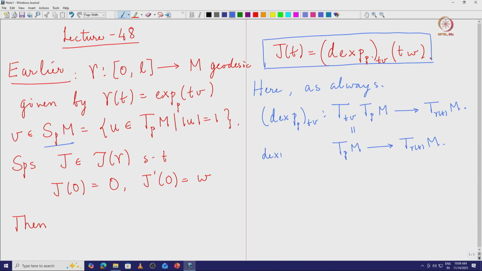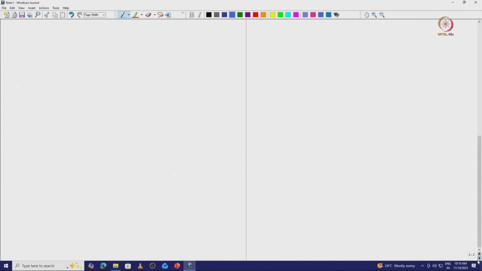So the derivative of the exponential map at the vector tv is thought to be a map from TPM to T gamma of t M, okay. So then this formula makes sense because tw is a vector that lies here, okay. So as I said, the main point of today's lecture is to introduce this notion of conjugate points.